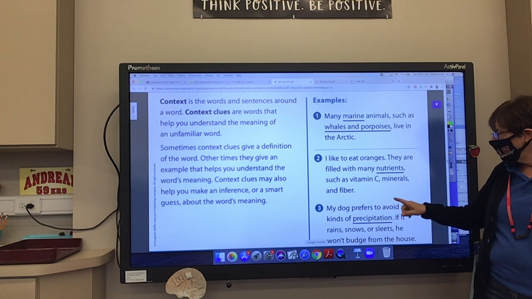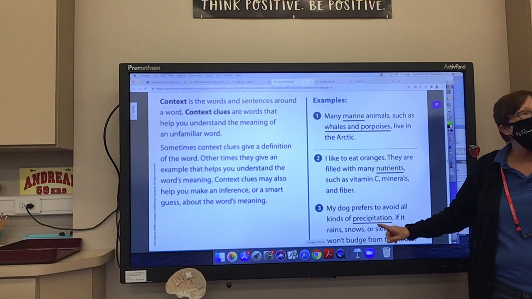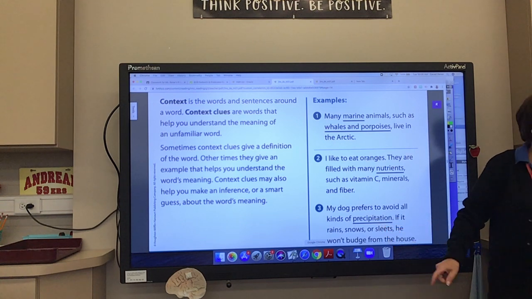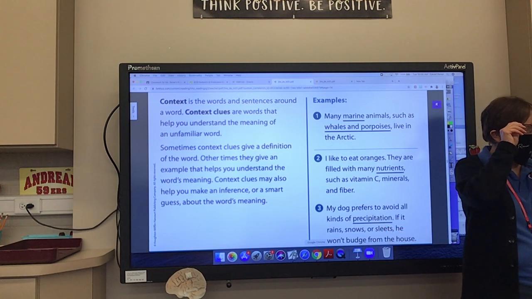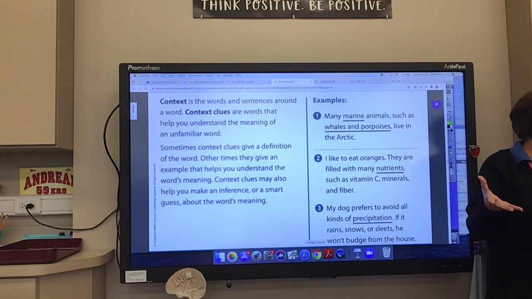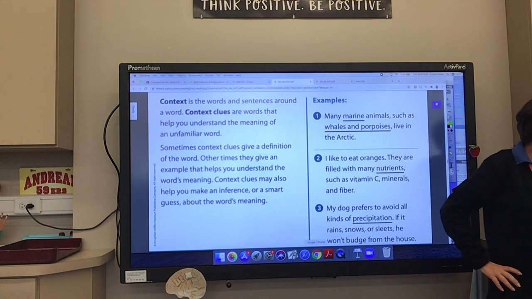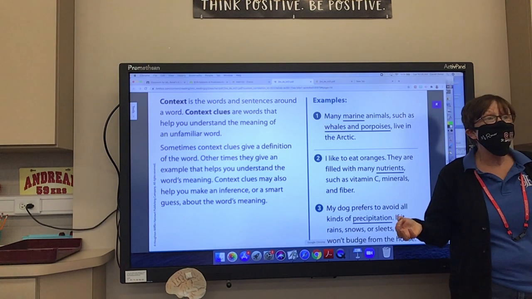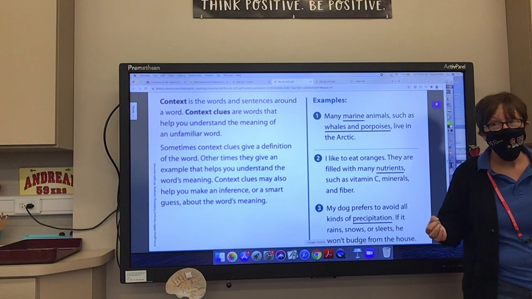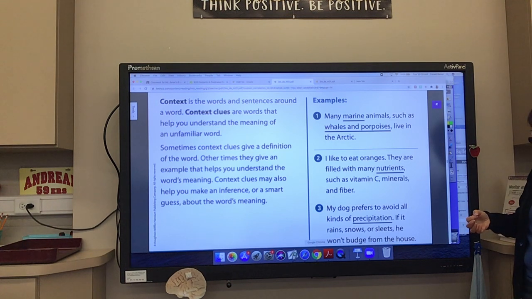My dog prefers to avoid all kinds of precipitation. Precipitation, that's a big word. What is precipitation? I better keep reading to see if I can find a context clue to figure out what precipitation is.